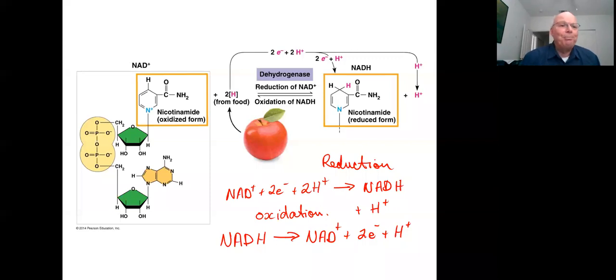They act as dump trucks for electrons, picking up electrons in one location, dumping them off in another location, then coming back to pick up some more. So when they collect those electrons, they become reduced. When they dump off those electrons, they become oxidized again, or the NADH is oxidized back to NAD+. And you're going to see this play out in a number of locations in cell respiration.